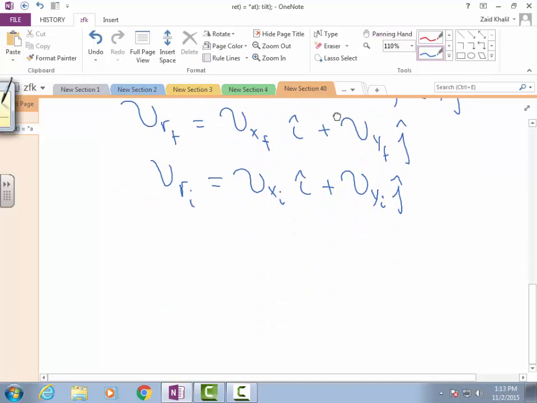And from this, what are you able to derive? The definition of average acceleration. What's the definition of average acceleration? That's right, Vf minus Vi over delta t. But what's Vf minus Vi?